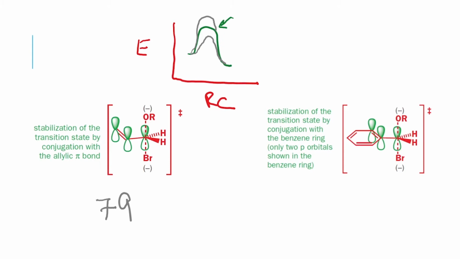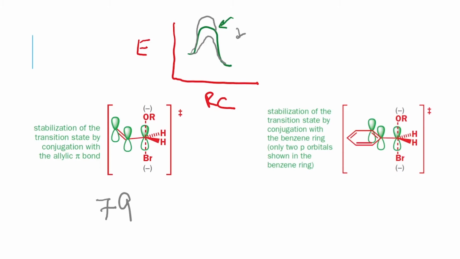So there's this p orbital which can interact with the bond that is being formed over here and the bond that is being broken over here, and that results in some stabilization in the transition state energy, and therefore the rate goes up. The example in Clayden that describes this figure is with OR and BR, but you can very easily substitute BR with Cl and OR with I, and the same picture emerges. So one can understand the acceleration in rate by invoking stabilization of the transition state by delocalization with the allylic pi bond.